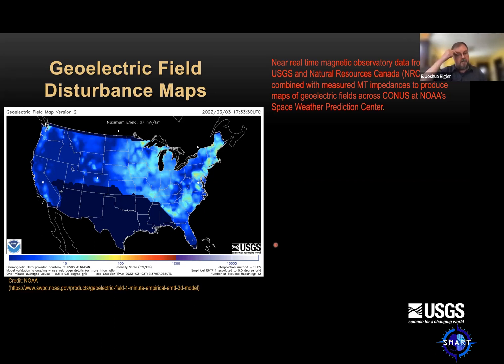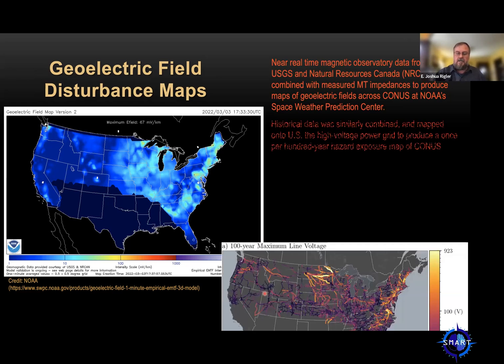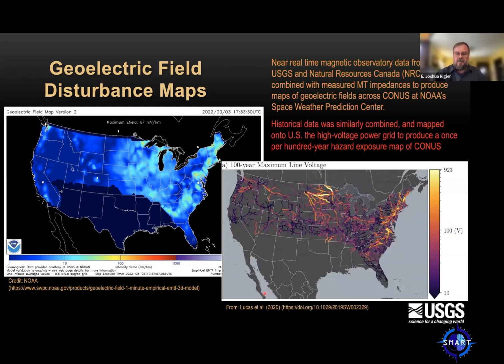SWPC has the real-time operations responsibility. We tend to focus a little more at the USGS on hazard analysis. We want to look at long data sets and build up statistical models, statistical expectations that we might see a major hazard. That's exactly what we've done in this figure on the lower right.